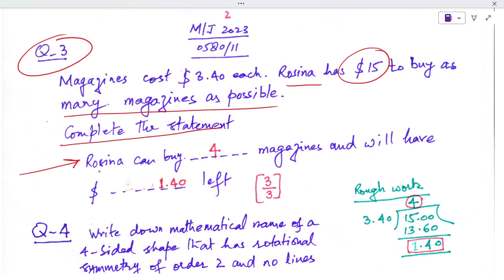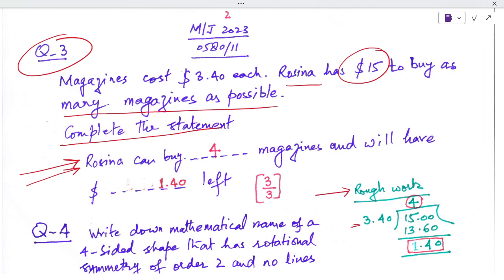The statement is Rosina can buy how many magazines and will have left how many dollars. This is a question in which we are required to divide the total amount that Rosina has by the cost of one magazine. So we divide $15 by 3.40.